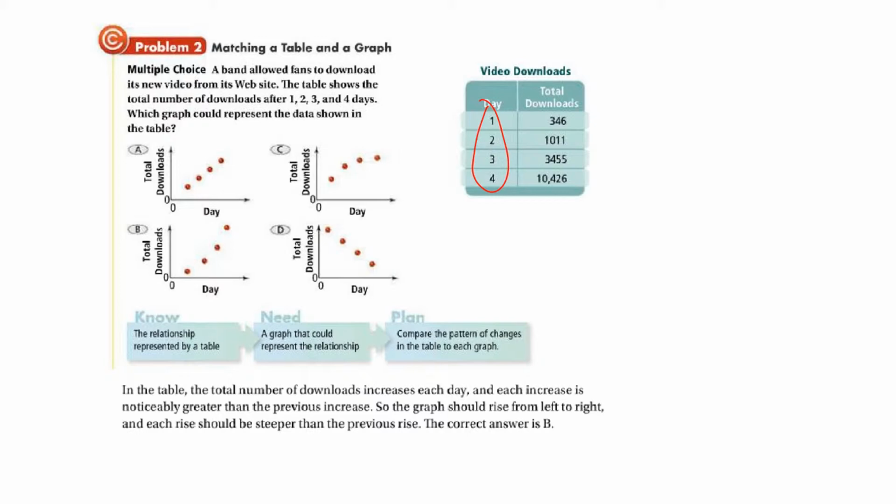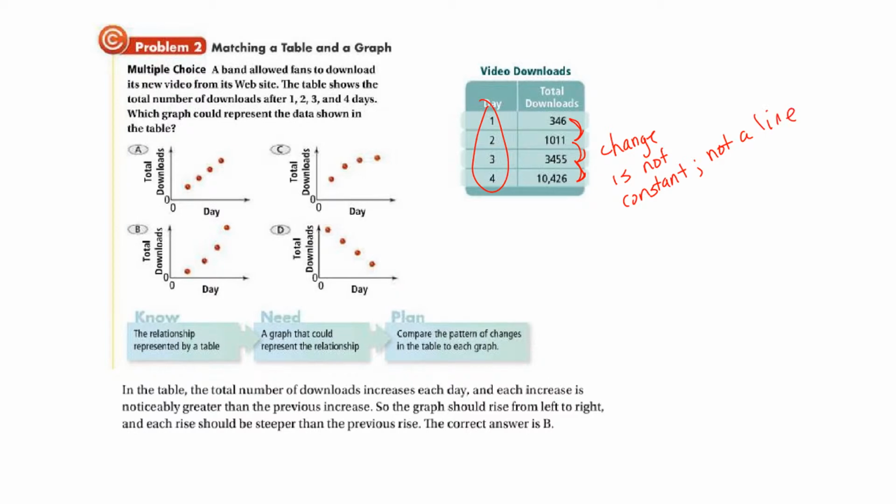So if I look at here the difference between 346 and 101, and then the difference between 101 and 3455, and then the difference between 3455 and 10,426, I see that it's not a constant change. And since it's not constant, it's not a line.